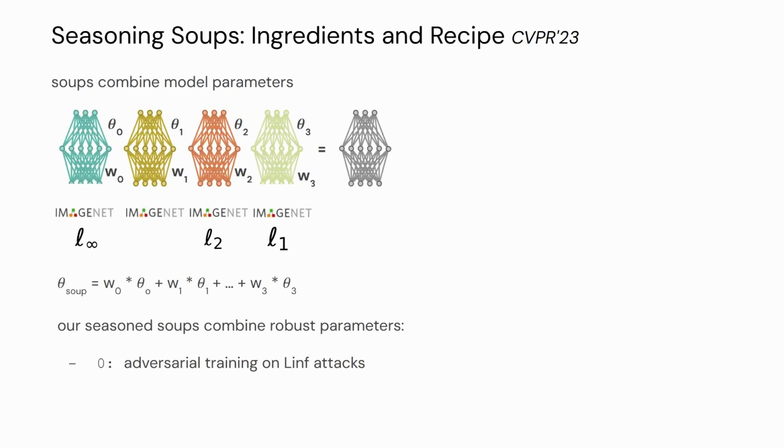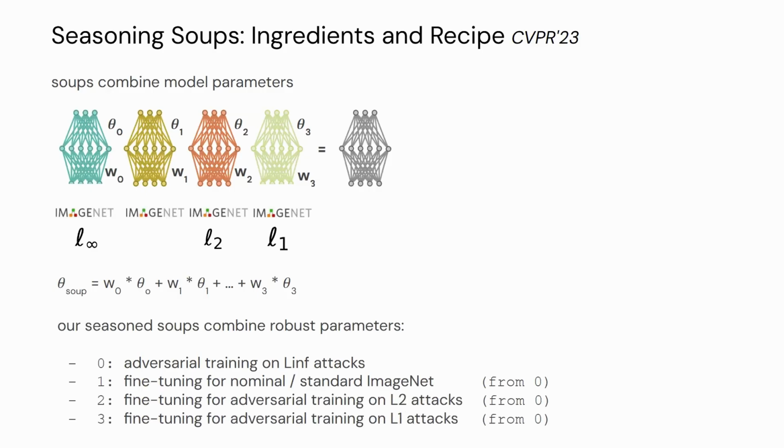We're going to start from a model, our model 0, trained with adversarial attacks to this L infinity norm. And all the other models are going to be fine-tunings from it. Fine-tuning without attacks, fine-tuning with different attacks. And this fine-tuning property is what actually allows us to do this mixing. So all these models are related because they have a common initialization. And while they're different, if you fine-tune enough, but not too much, you can have this mixing and have things help. That's the very shorthand version of how soups are possible.